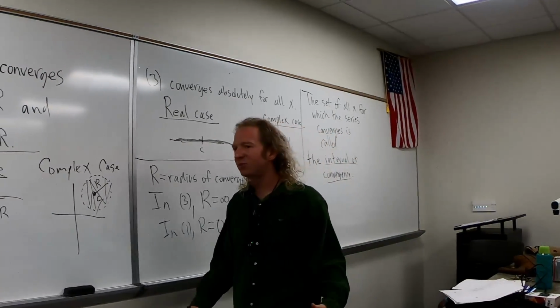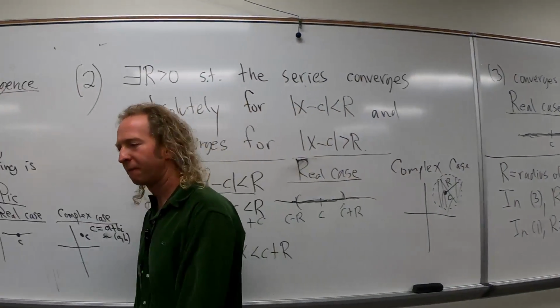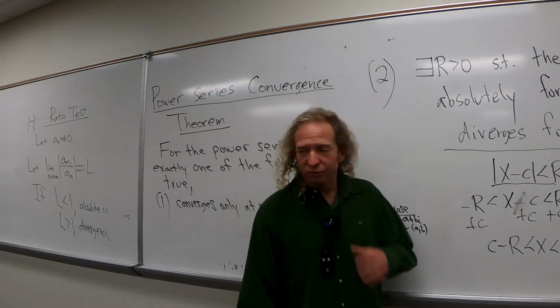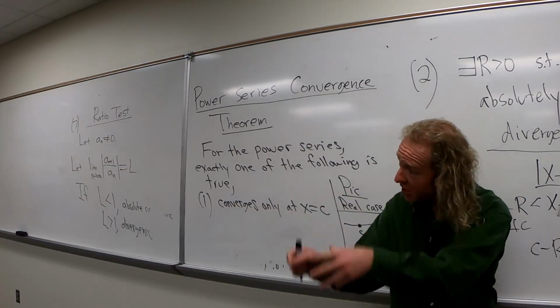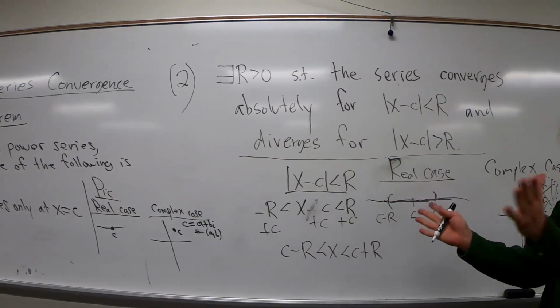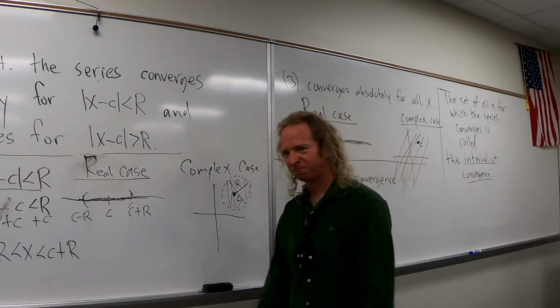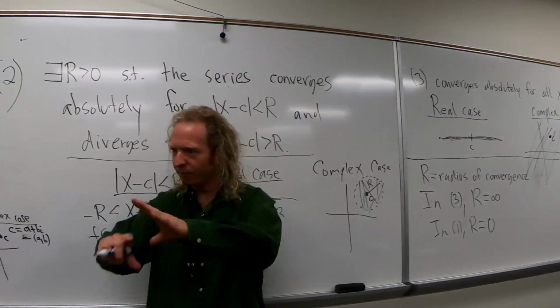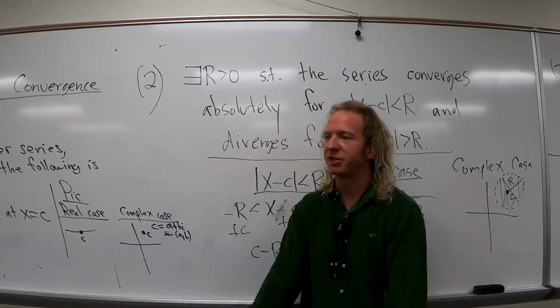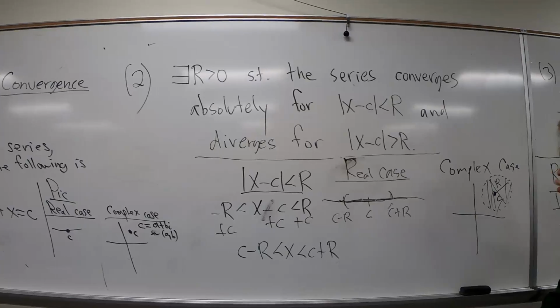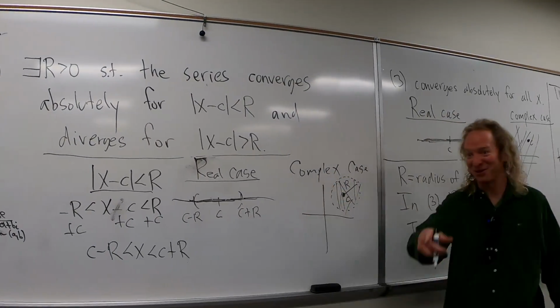I think it's worth it because this way you have it in your notes. Can I figure out what C is? Is that where you center? Yeah, C is the center, yes. And then the radius is anywhere adjacent to that C? So if you were to pick any point within that radius, it converges there. Yep, inside that disk.